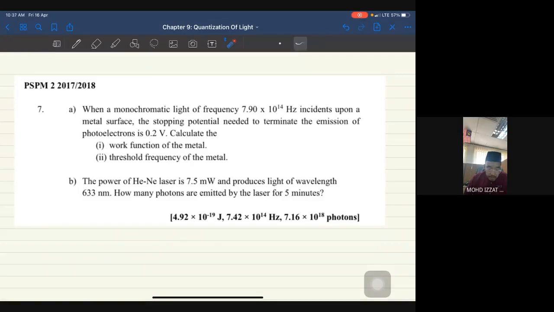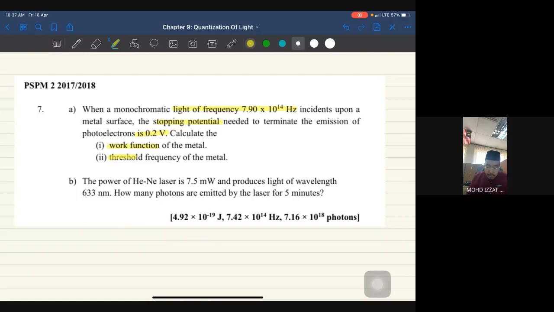Calculate the work function of the metal and the threshold frequency of the metal. So you can highlight key information. Light of frequency 7.9 times 10 to the power 14. Stopping potential is 0.2 volt. Calculate the work function and threshold frequency.